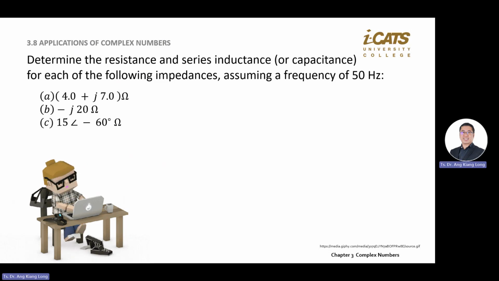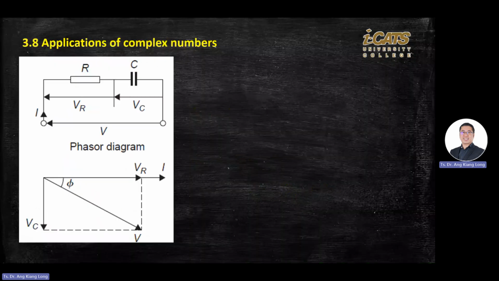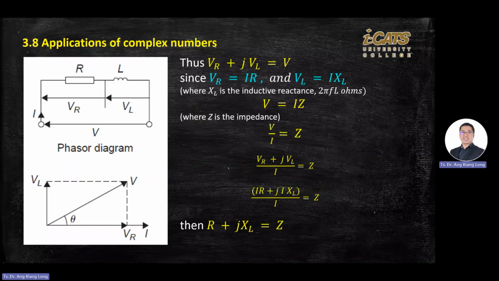If it's induction, it is L, positive. If it's capacitance, it's minus. Then you're given the frequency of 50 Hertz. Why does this question mention 50 Hertz? Because there's one hidden equation here: your XL equal to 2 pi FL.